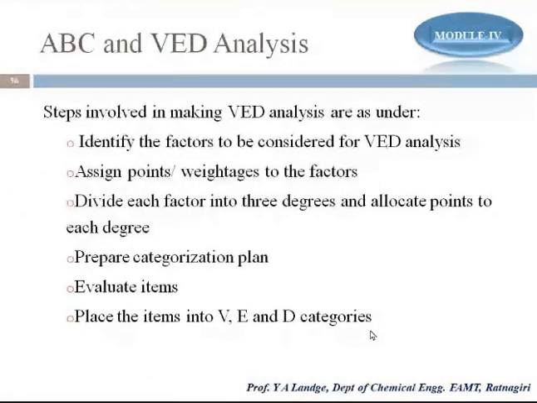Both analyses are important, because for the things in a project or in a process, we need to categorize the things. Now the question may arise in your mind: how are ABC and VED applicable to a project? If you see the events or the work to be carried out in a project, just look at the chart we have when we are doing the critical path method.